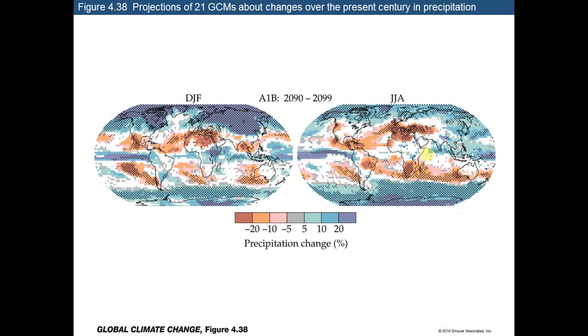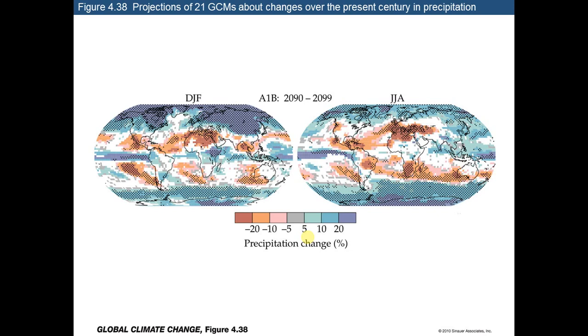You see in the mid-latitudes, in some parts of the mid-latitudes, off Baja, Northwest U.S., Mediterranean Sea, Southern Europe, Southern Africa, parts of Australia, off the coast of Chile, you see decreases in precipitation. Okay, so drier in the mid latitudes overall is actually the general trend.